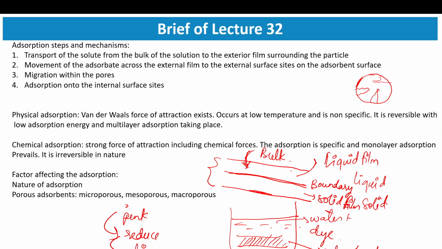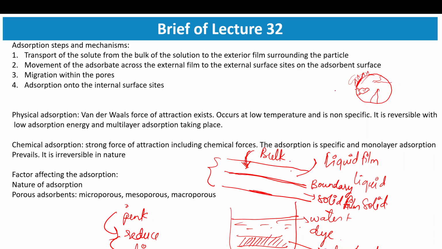So firstly, it will adsorb onto the external active sites which are present, right? Active sites could be on the surface, and they could be inside the pores as well. Since for adsorption inside the pores it has to travel more, it will adsorb immediately on the surface itself, because whatever the possibility, it will adsorb here.